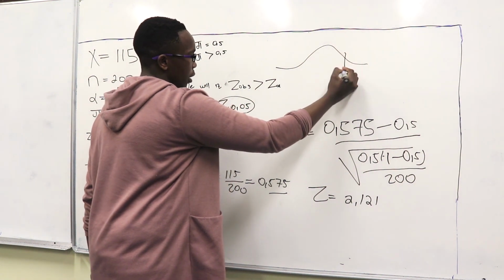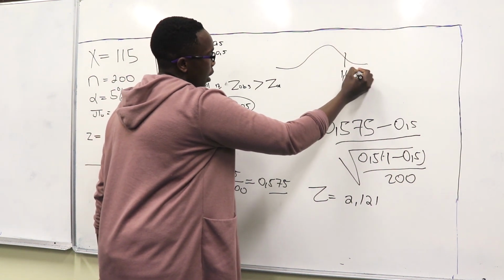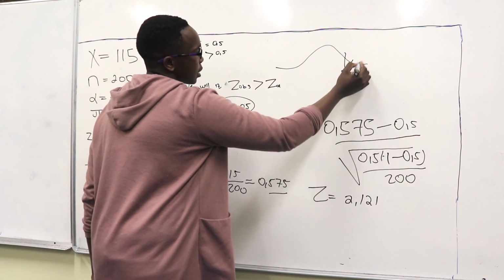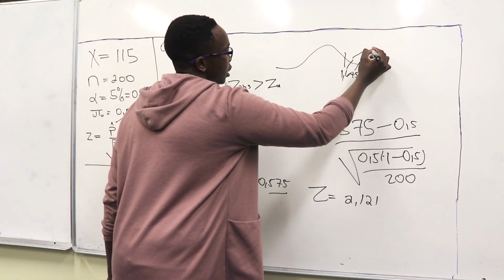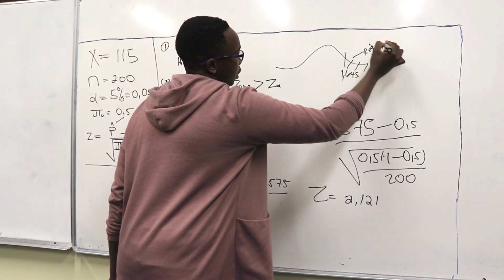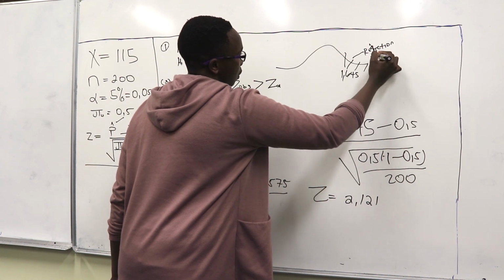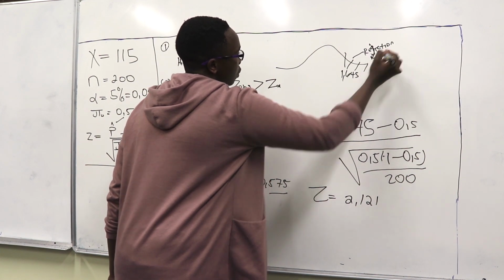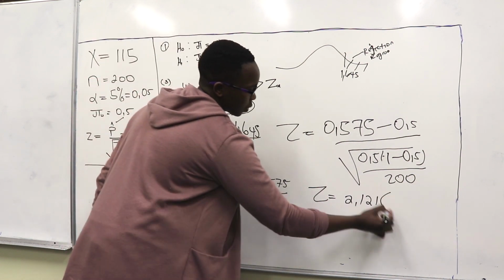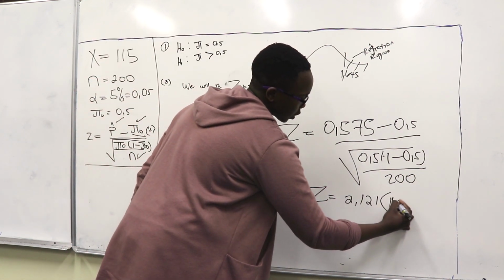Here we have 1.645 and 2.121 lies in this region, and this region is our rejection region. So basically we reject H naught. You can just put it in small brackets and say reject.